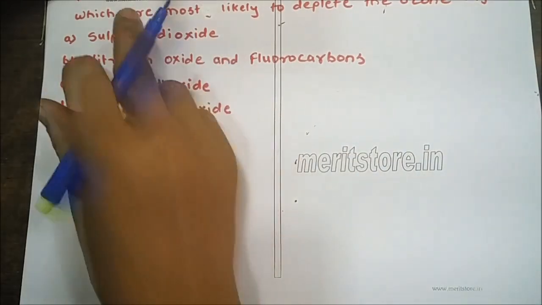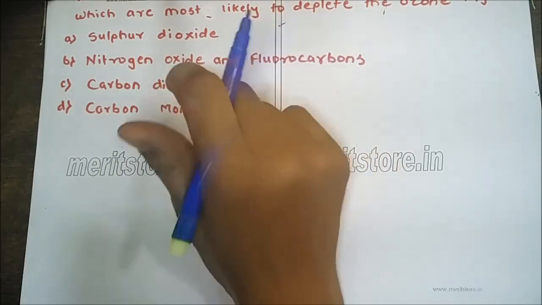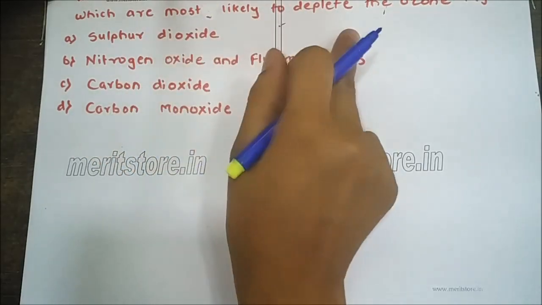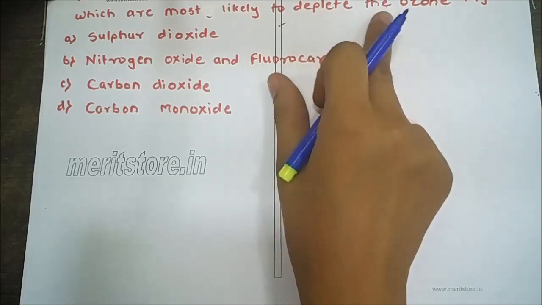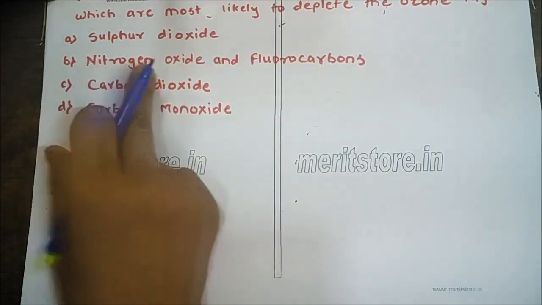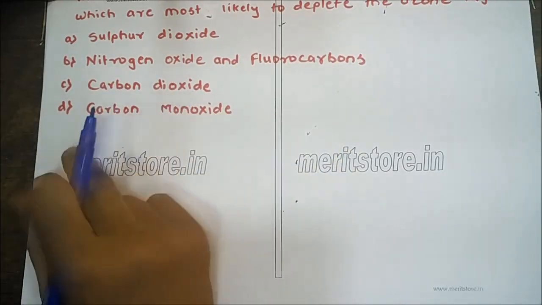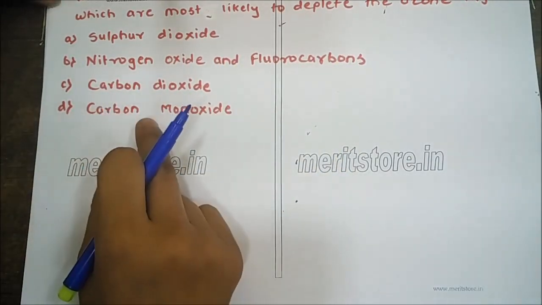Our next question is, what are the chief pollutants of the atmosphere which are most likely to deplete the ozone layer? A. Sulfur dioxide, B. Nitrogen oxide and fluorocarbons, C. Carbon dioxide, and D. Carbon monoxide.